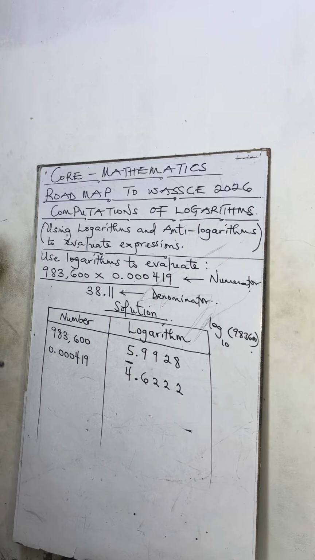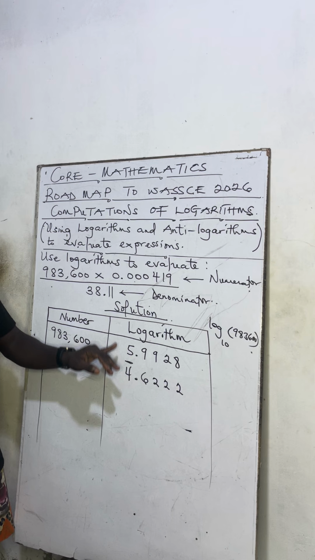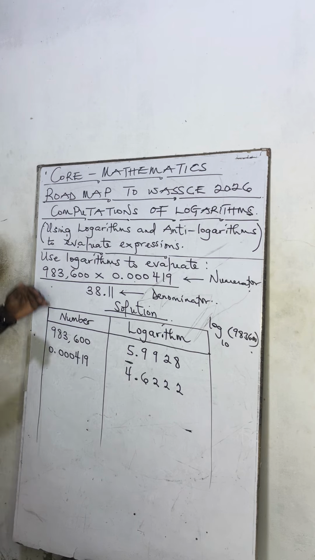Okay. So we are done with this first value. We are done with the second value. Now, in our actual numbers, they are multiplying. But we want to solve it in logarithm. Because they are multiplying, don't forget the laws of logarithm.